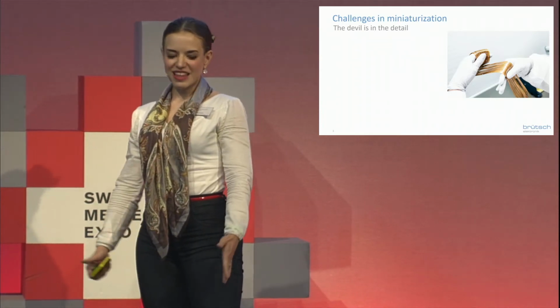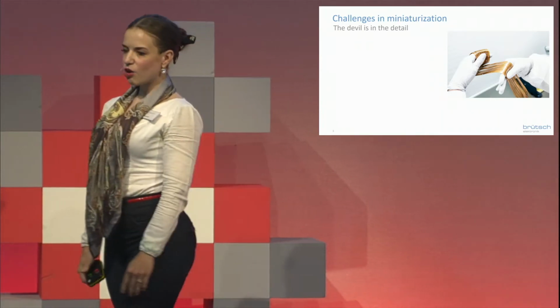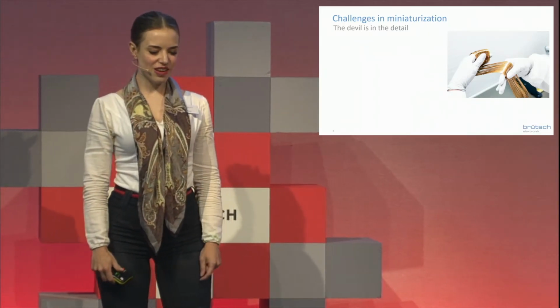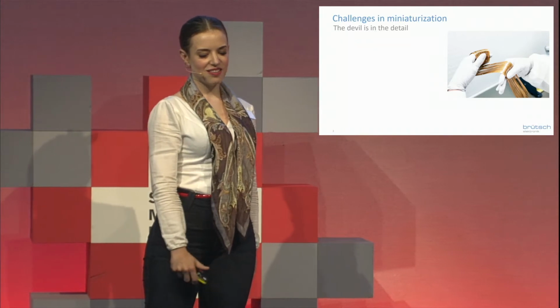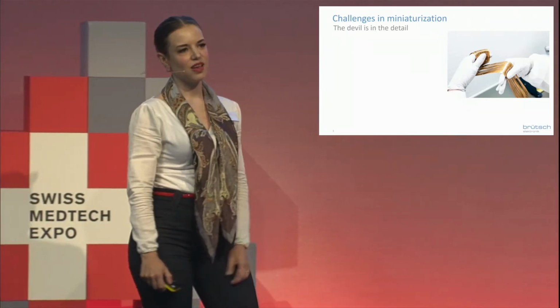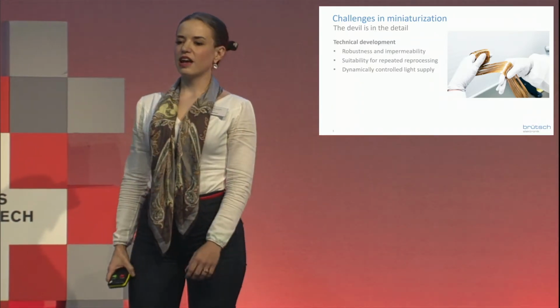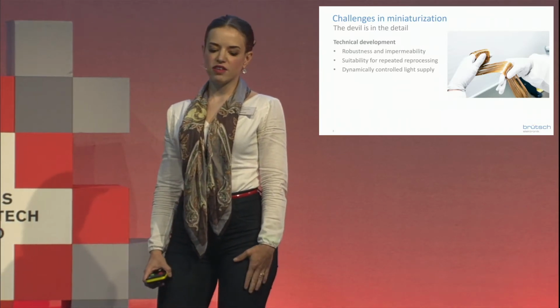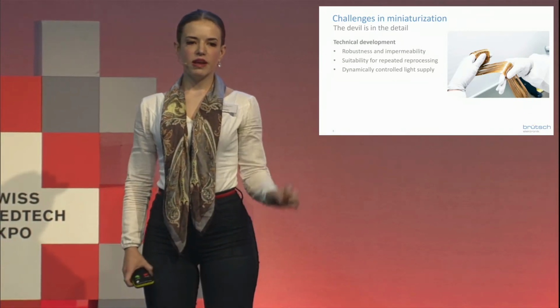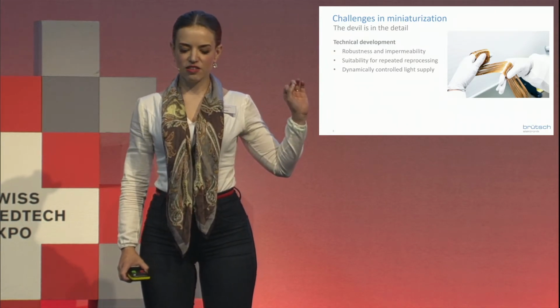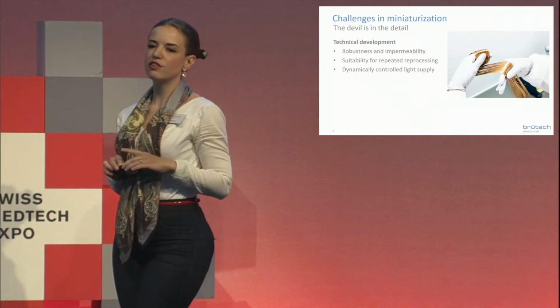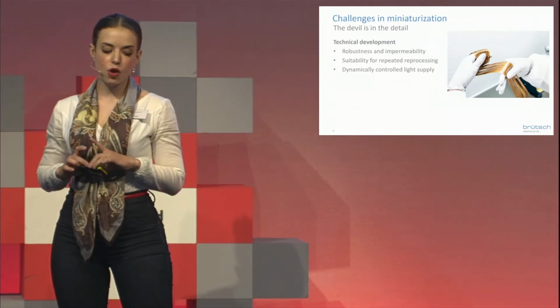But then, what's next? How can miniaturization be realized? It is well known that the devil is hidden in the detail. So what does that mean? There are several challenges associated with miniaturized devices. When you make a device very tiny, you still have to guarantee robustness and impermeability to liquids, for example.